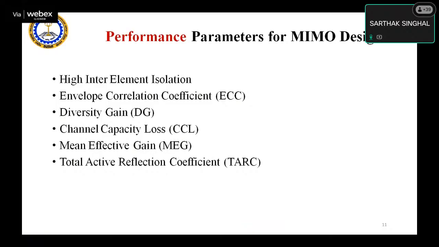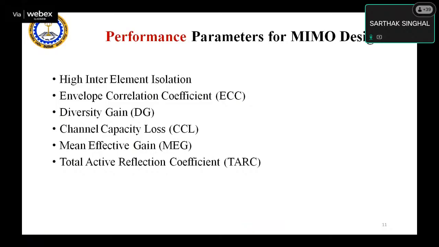In case of a single element, we talk about the reflection coefficient, which defines the bandwidth over which the antenna element is operating. But in case of MIMOs, we talk about total active reflection coefficient, which considers the effect of all the elements of that MIMO antenna or overall array.